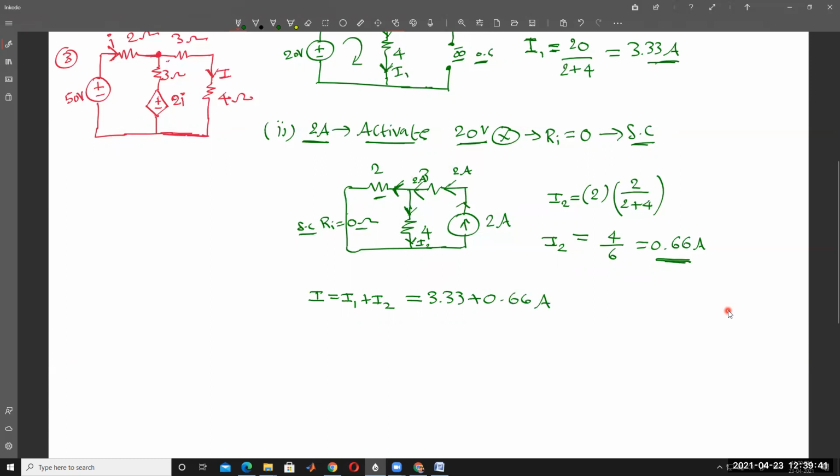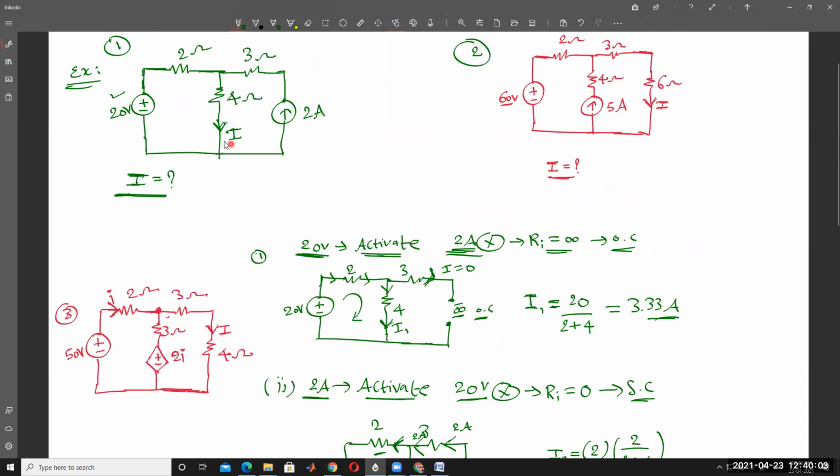So 3.33 plus 0.66, how much? 3.99, approximately 4 amps. This is the total current flowing through the 4 ohm resistor by using the superposition theorem.